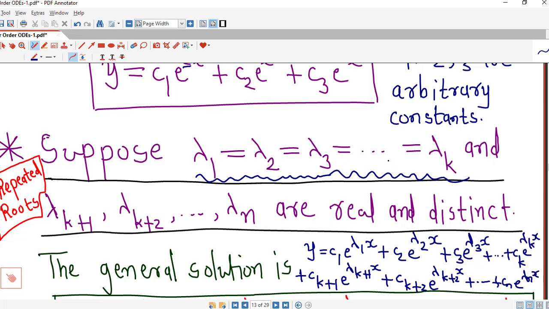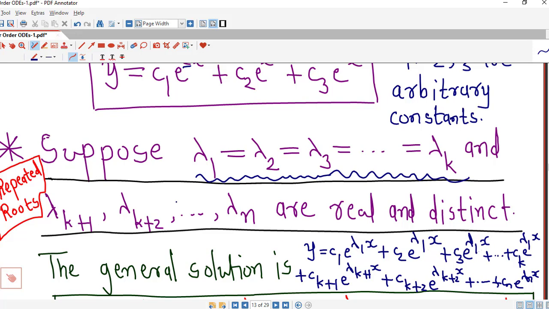But the first k roots are equal, so we can consider lambda 2 equal to lambda 1, lambda 3 equal to lambda 1, and so on, lambda k equal to lambda 1. So here I replace lambda 2 to lambda k by lambda 1.